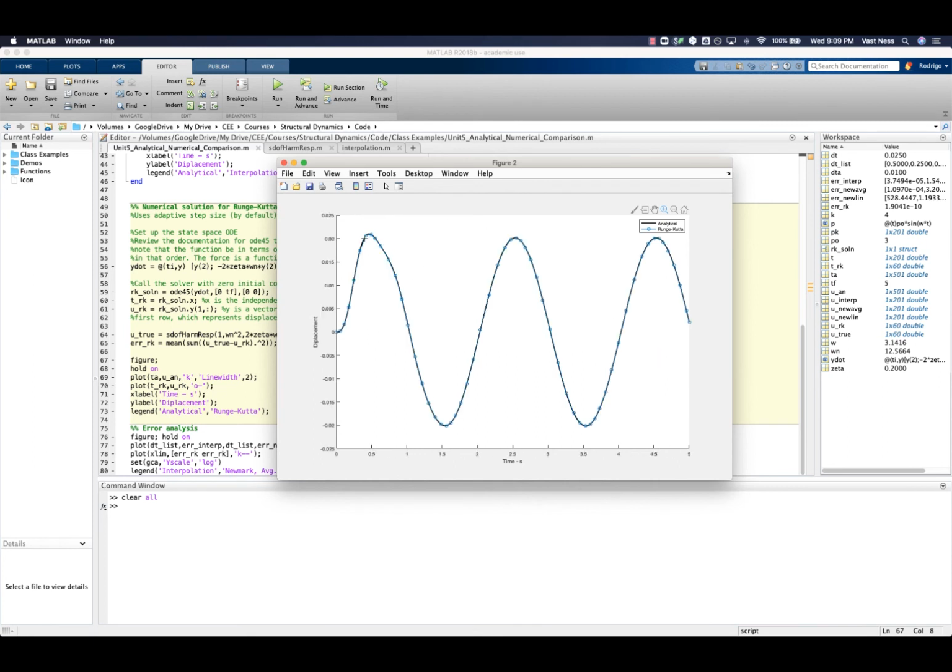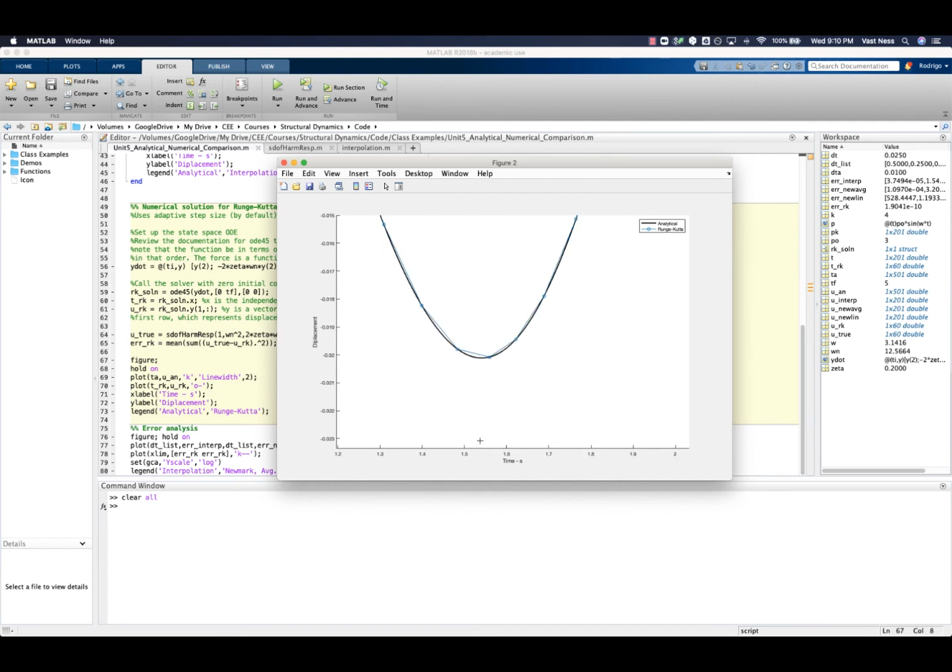In addition, you'll notice that the step size is actually not constant. This is one of the sophisticated features in the built-in algorithm in MATLAB. In fact, it is the default feature. It is possible to implement Runge-Kutta with a fixed step size, but one of the major advantages is that it has the possibility for adapted step sizing. So if you notice, the function has small step sizes when there are large changes in the velocity.